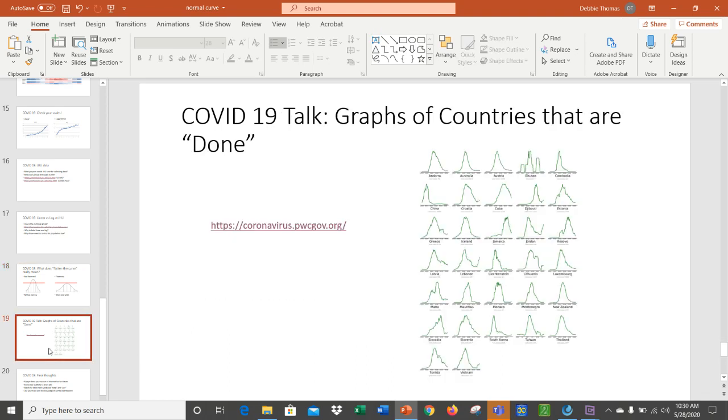All right, so here we go. I thought this was kind of cool. These are graphs of countries that are quote unquote done, because if you look at some of them, you can clearly tell not done. Most of them make a pretty good approximation of a normal curve. Do not know what's going on here. Something screwy, you know, the reporting was not quite right.